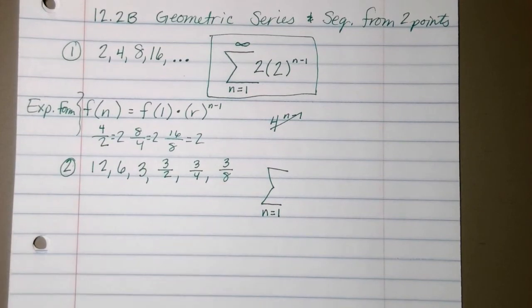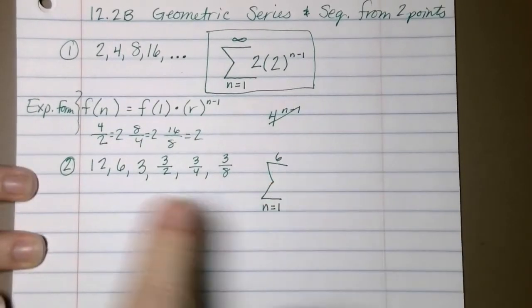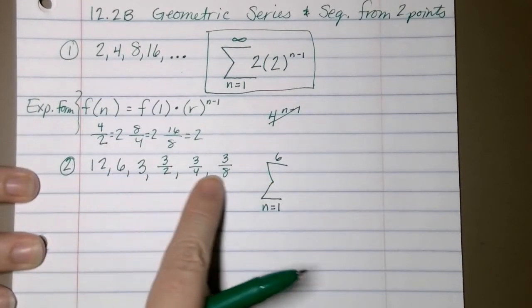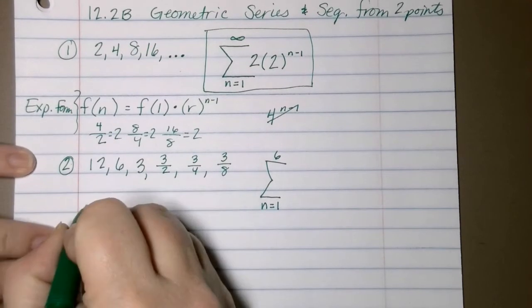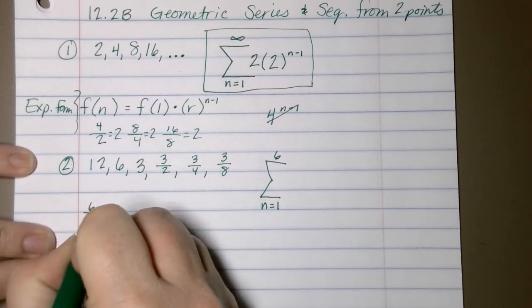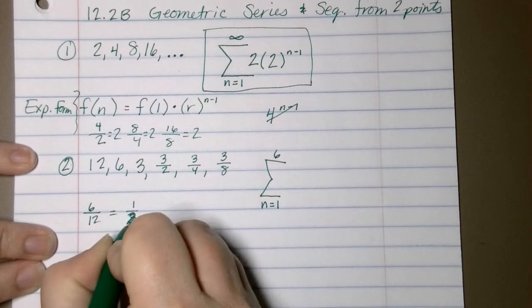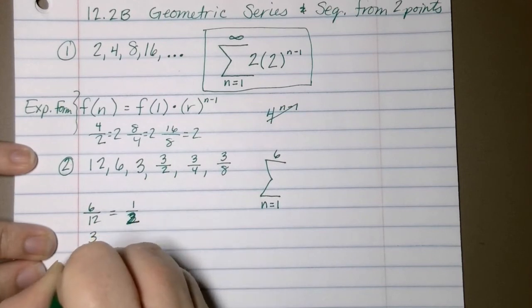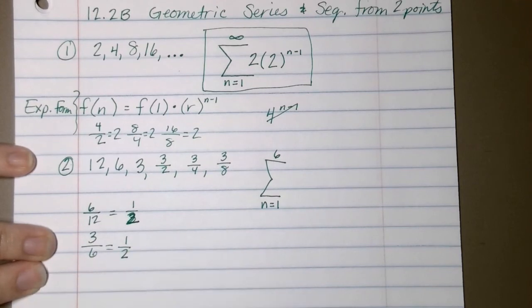What number goes on the top? Why? 1, 2, 3, 4, 5, 6 terms. That's why we have a 6 at the top. Is my R value 1/2?